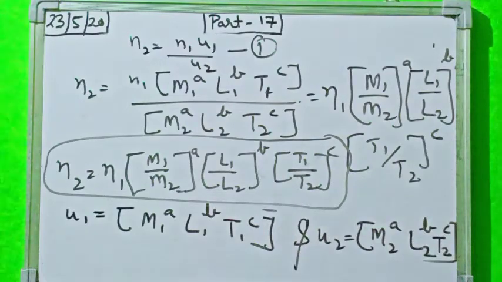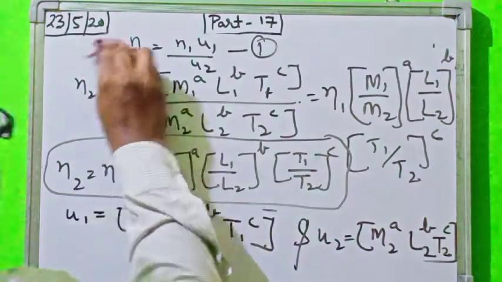Clear? So we have expressed one system of unit in terms of another system of unit. By this method we are solving two numericals. Then we will consider the principle of homogeneity, by which we can check the consistency and correctness of the dimensional formula.